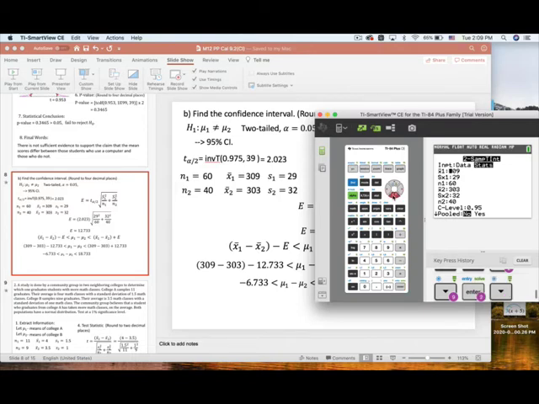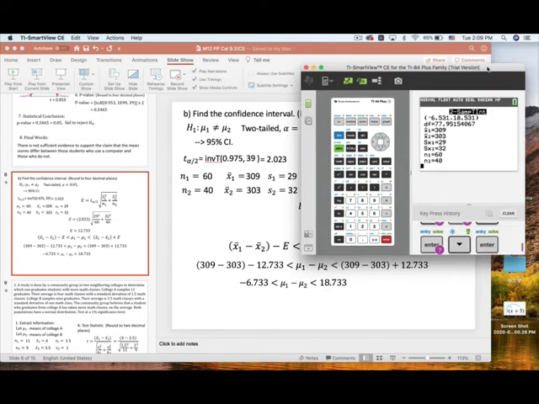So we have a 309, 29 for the sample standard deviation, and 160, 303, 32, 40. And then we are working on 95%, so 0.95 in here. Go to calculate. So you should get negative 6.531 to 18.531 here.